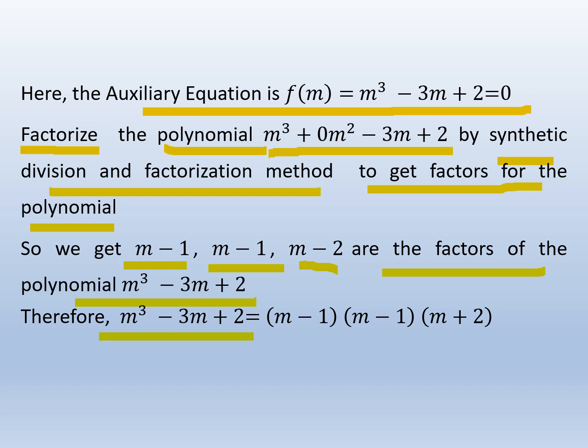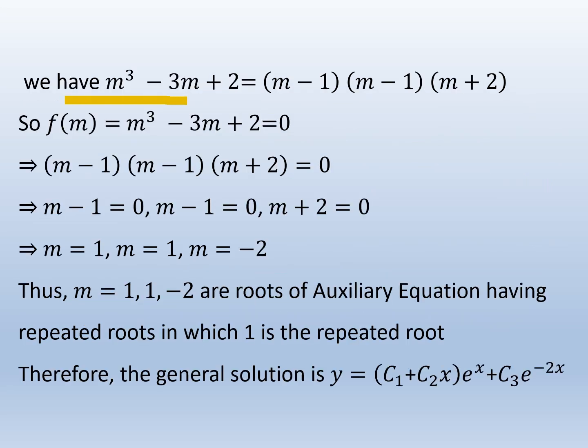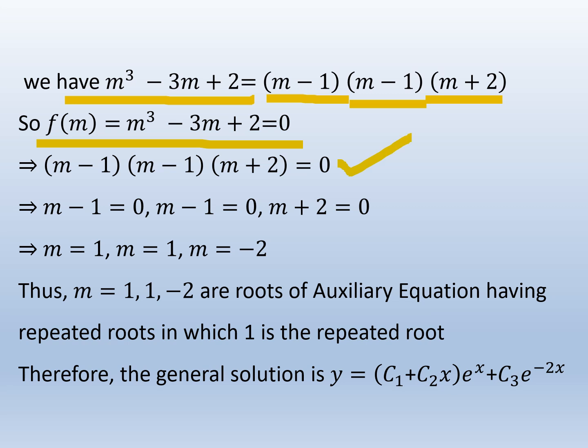Therefore, the polynomial m cube minus 3 times m plus 2 has factorization m minus 1 into m minus 1 into m plus 2. Now we have m cube minus 3 times m plus 2 is equal to m minus 1 into m minus 1 into m plus 2. So, the auxiliary equation f of m is equal to m cube minus 3 times m plus 2 is equal to 0 can be written as m minus 1 into m minus 1 into m plus 2 is equal to 0.